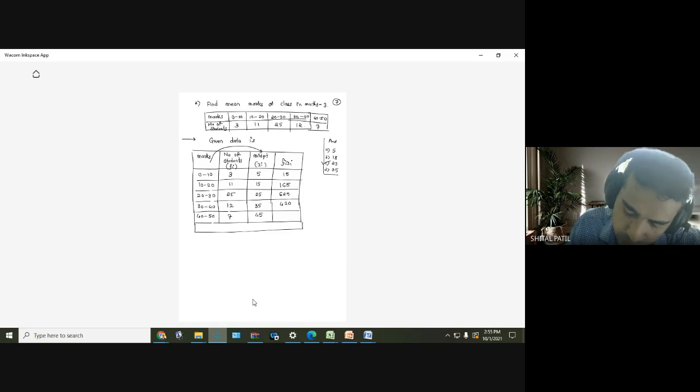If I am wrong anywhere, let me know. Sum is required. This is not required. Summation of Fi is required. Summation of Fi xi is required. Find the sum. Use a calculator for that.